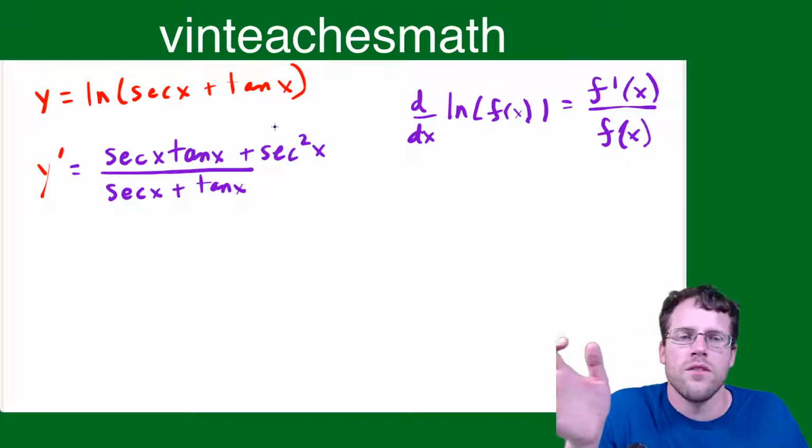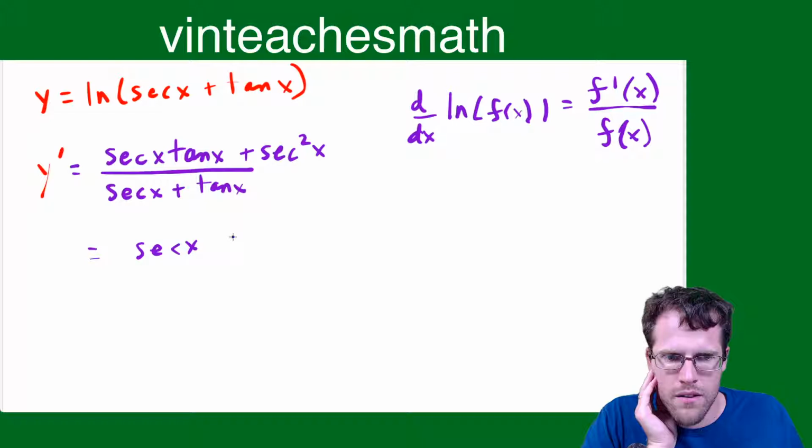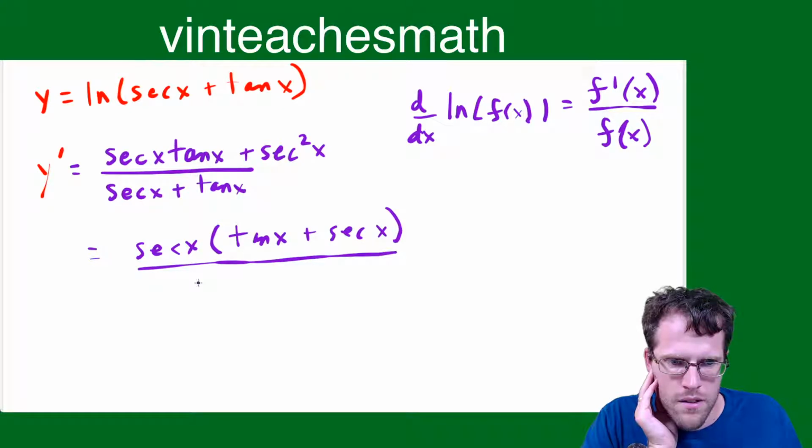All right, so then here is probably not going to be in the answer key, but now you factor out secant, and you've got tangent x plus secant x. And notice on bottom we have secant x plus tangent x, and that's going to cancel out this factor.